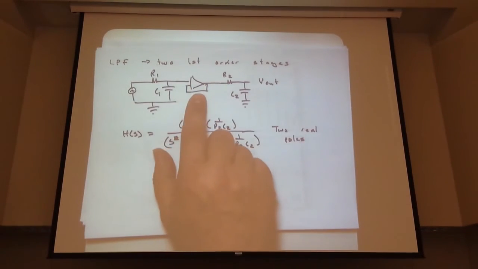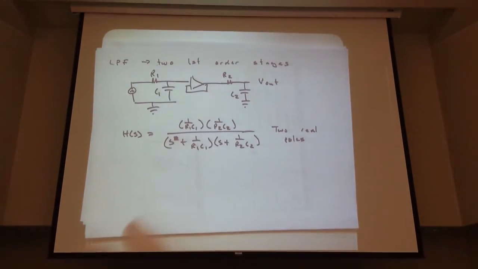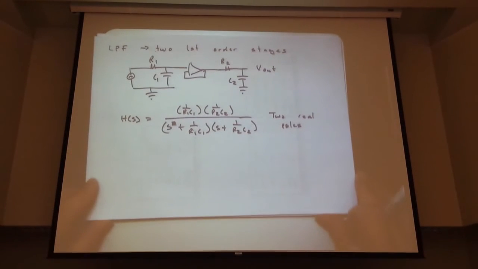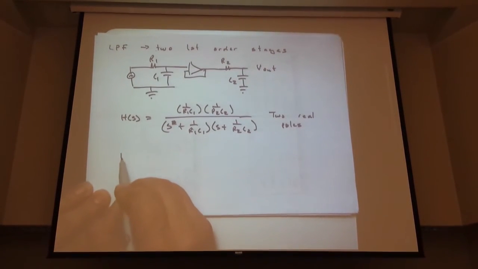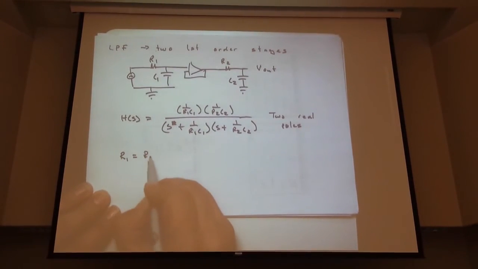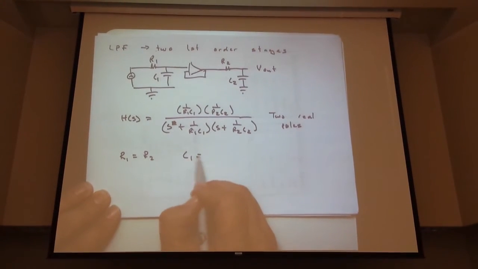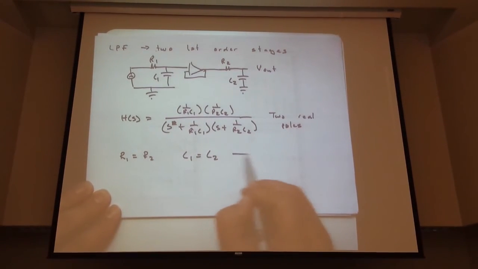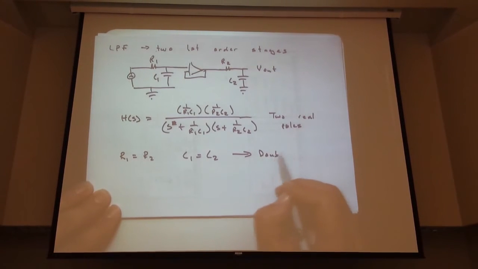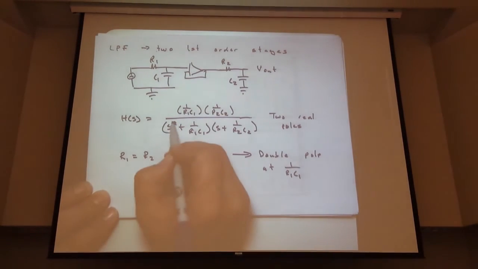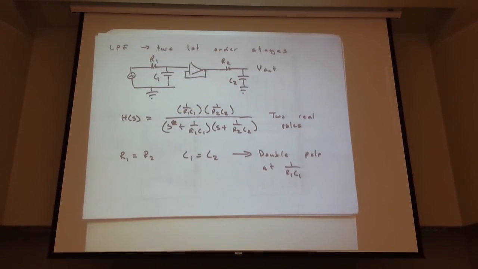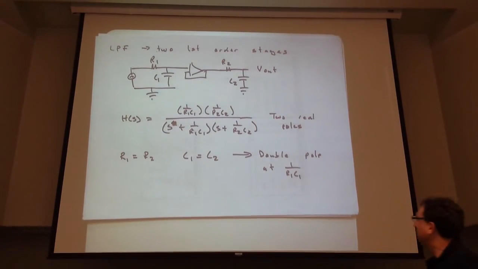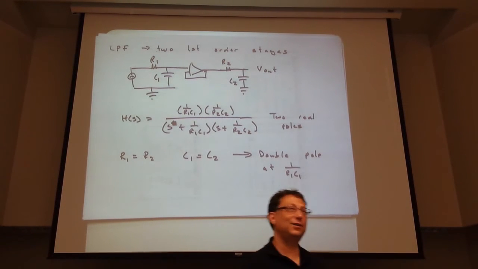Now, this voltage follower I've always contended is important. So we can look at the case R1 equals R2 and C1 equals C2. Effectively, what do we have? We have a double pole. That's an S to the 1, not an S squared.